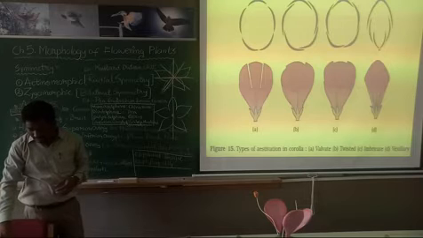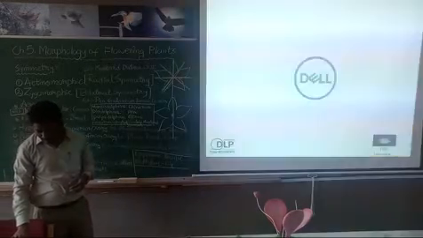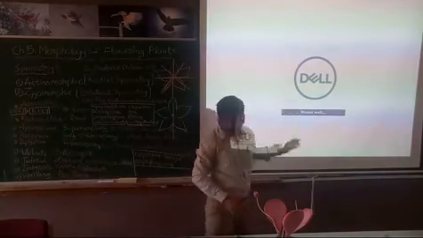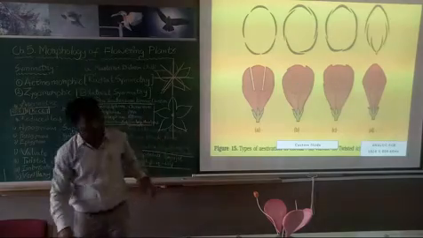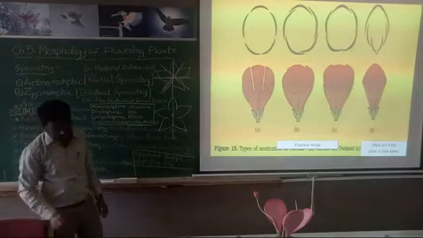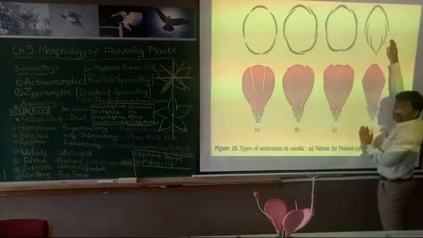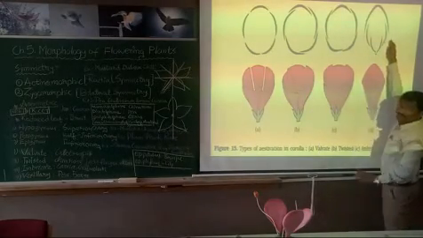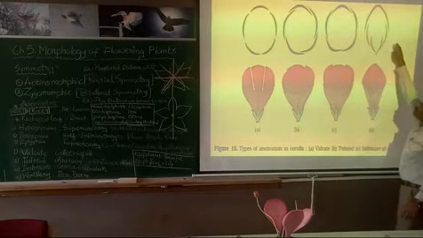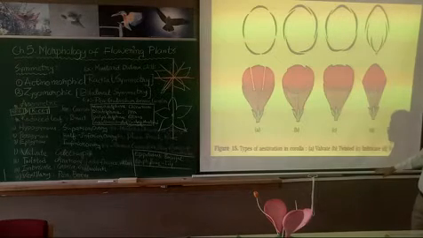The largest petal is present at the top of the flower. You can see in this diagram on the screen, the largest petal is at the posterior side. Posterior side means top. The largest petal at the posterior side is called the standard petal.